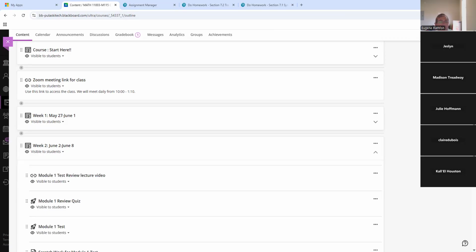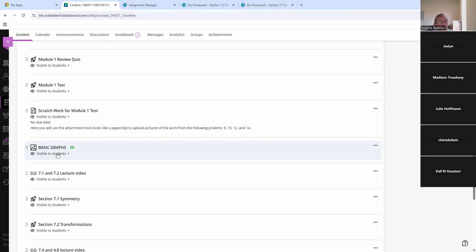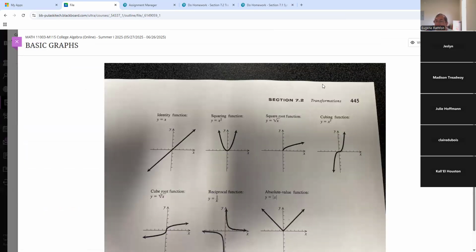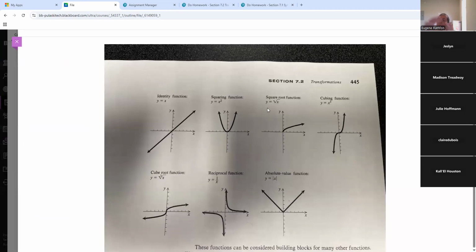so you got your testing stuff, but you got what's called basic graphs. If you click on this basic graphs, and we'll draw these in a second, but this gives you a picture of the 7 basic graphs that we're going to be moving around in this section, okay?